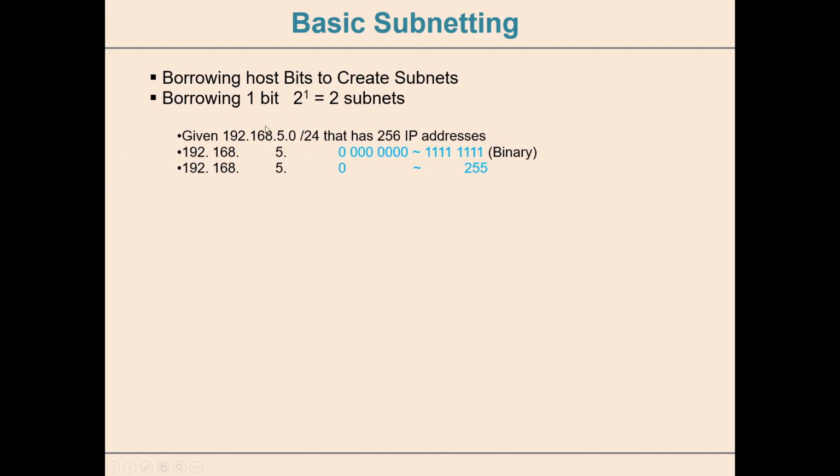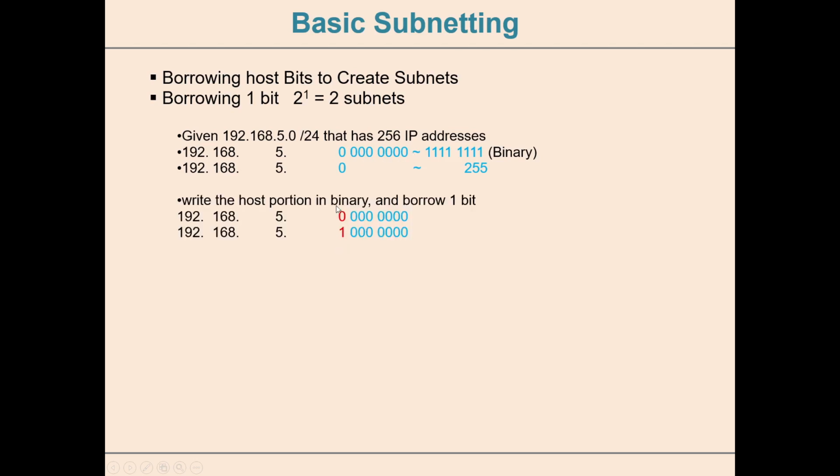Based on the given subnet mask, we know the first 3 octets are the network portion. The last octet is the host portion. So we write the host portion as 8 bits binary so that we can borrow bits from the host portion.